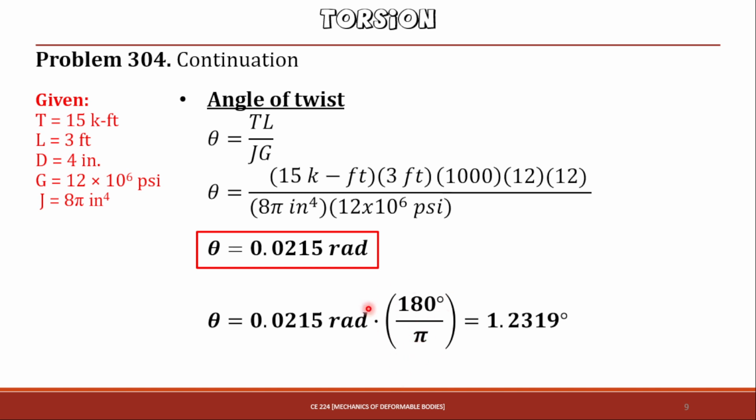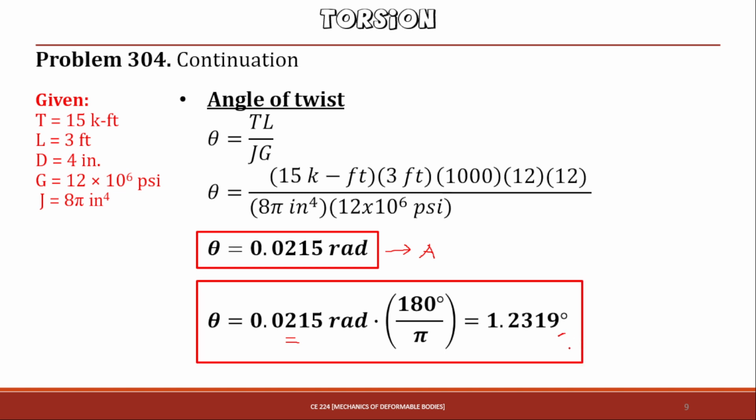Oh, and by the way, dapat i-store nyo muna yung value na nakuha nyo dito. I-store nyo sa A. Tapos saka yan yung gagamitin nyo dito sa equation na ito para ma-limit yung error natin dito sa ating final answer. Okay? So, pagka yung whole value yung gagamitin natin na theta dito, ang makukuha natin na sagot ay 1.2310 something, kung di ako nagkakamali.